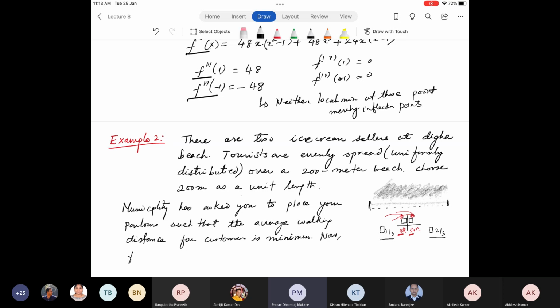Now find the position of the ice cream parlors.